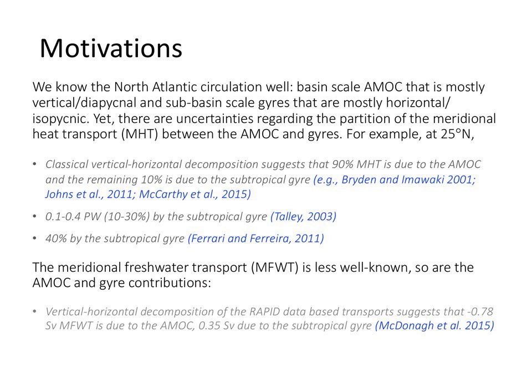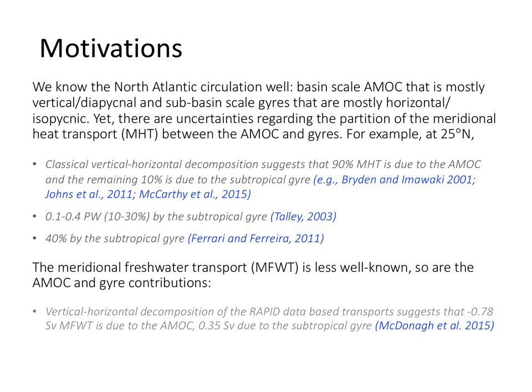So why do we want to look more at the structure of the North Atlantic circulation? After all, we know well, or at least we think we know well, the North Atlantic circulation. It is basically the basin-scale AMOC, which is mostly vertical or diapycnal, and then sub-basin scale gyres that are mostly horizontal or isopycnic.